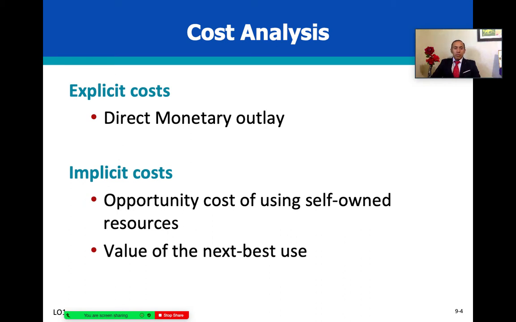And we're going to use implicit costs to estimate economic profit, as sometimes the opportunity cost of using your own resources and the value of the next best use could be quite substantial. So implicit cost is something that is implied as an estimated value. That's what is often omitted and left out because it's an implied estimation that may not necessarily be included in some situations, but it's important.